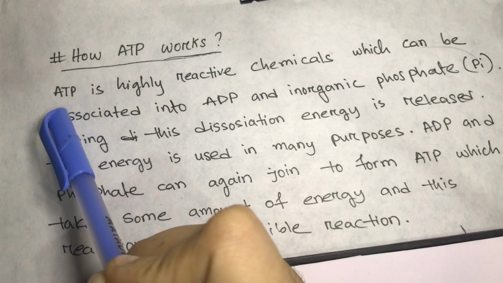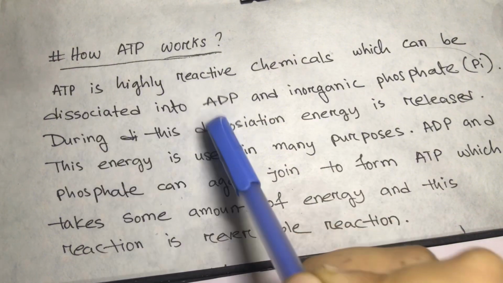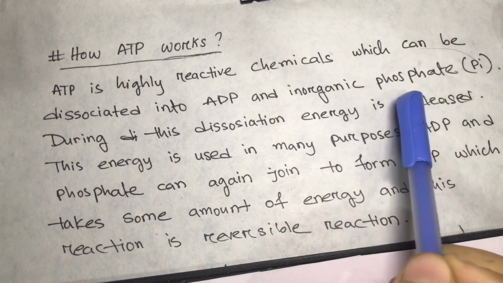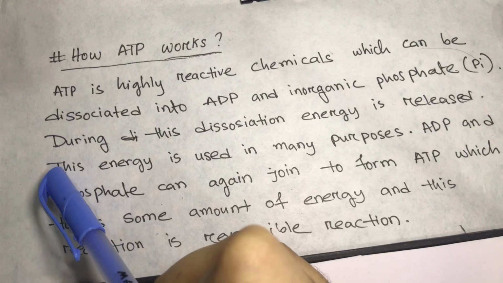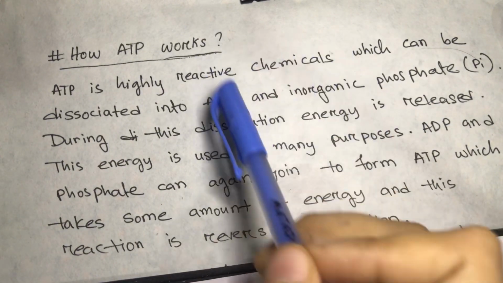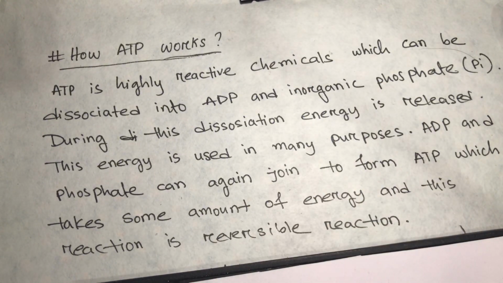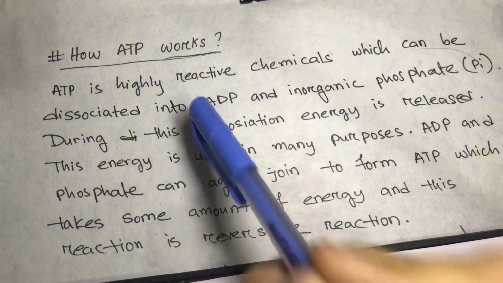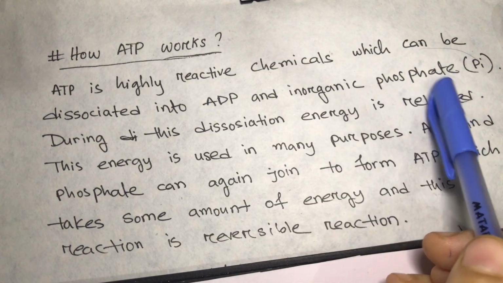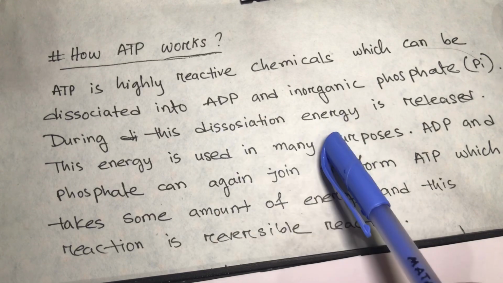ATP is a highly reactive chemical which can be dissociated into ADP and inorganic phosphate, Pi. During this dissociation, energy is released. As I said before, ATP is not the energy form. When it gets dissociated into ADP and inorganic phosphate, it releases the energy.